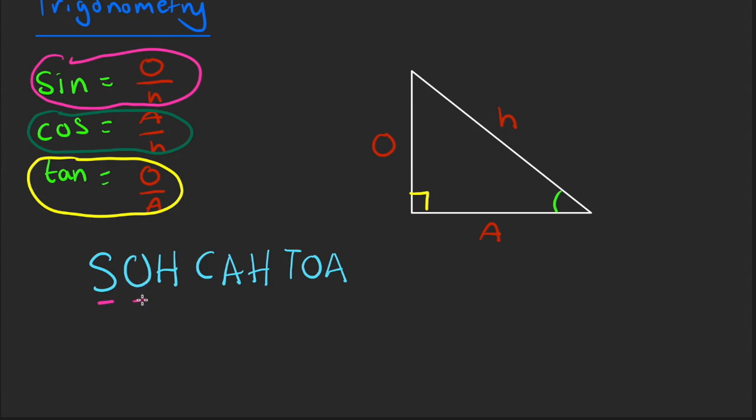OH, opposite over hypotenuse. OH, that's pink. Sine, I keep getting wrong. It is actually called sine. Opposite over H. You see that? Sorry. S for sine, O for opposite, H for hypotenuse.